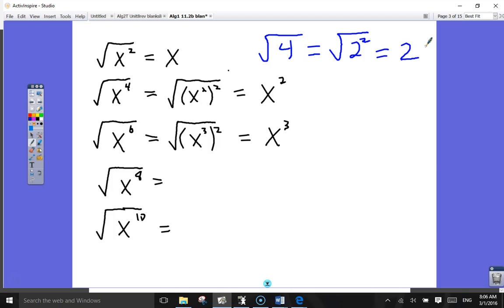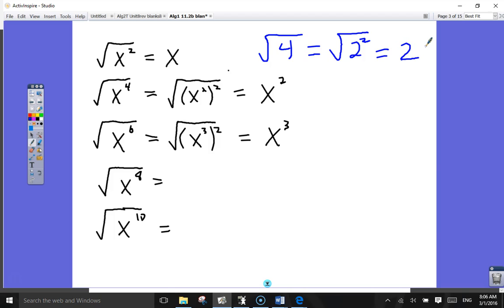But now we're taking the square root of a square, so that's x squared. What is being squared here? X squared, so that's the answer. The square root of x to the 4th is x squared.